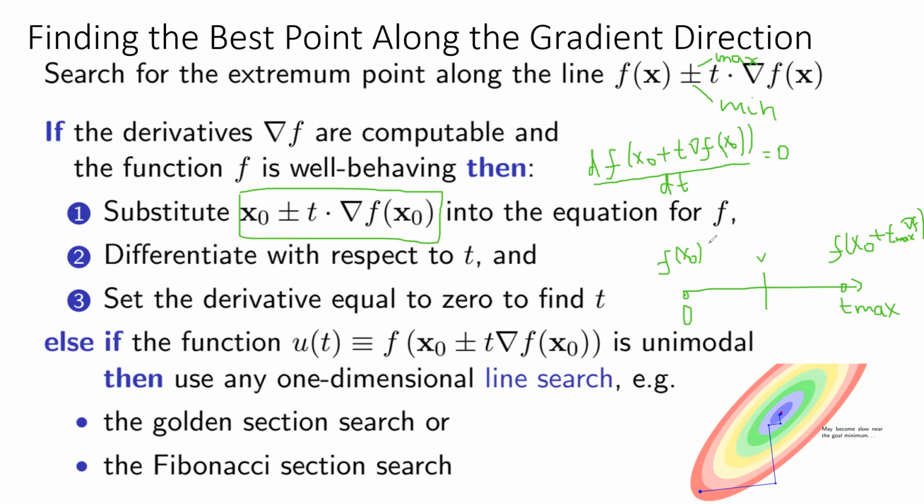If this value, for example, is g1, it can be lower or greater than those values, and comparing them, we find in which direction we want to go. Then we go here or here, and then divide again, etc., until we find it. We can use different divisions because, for example, here I used dividing by half, but we can have golden section or Fibonacci section search.